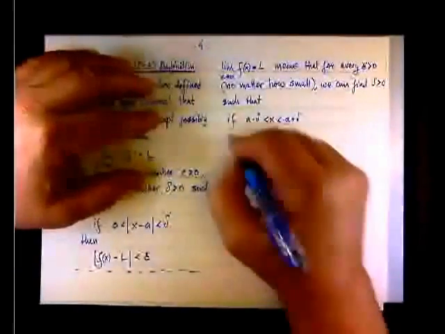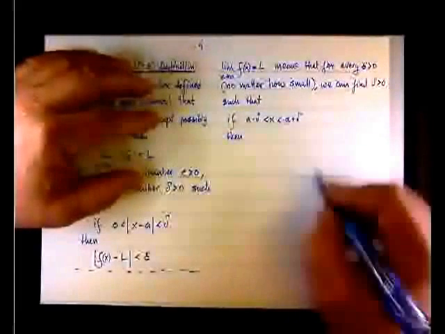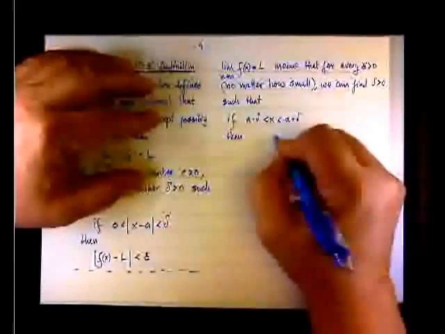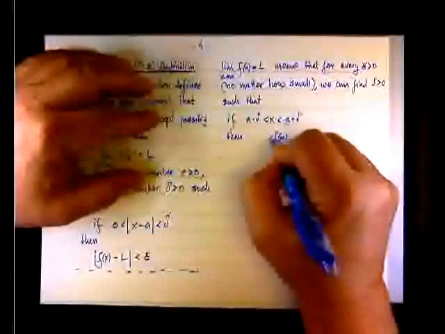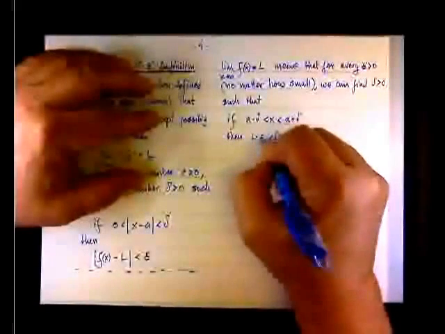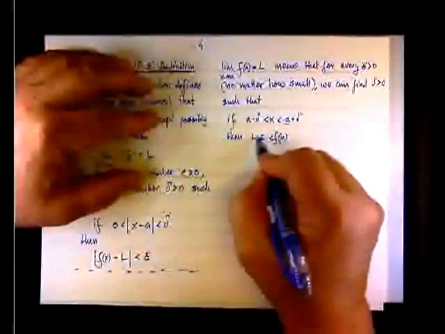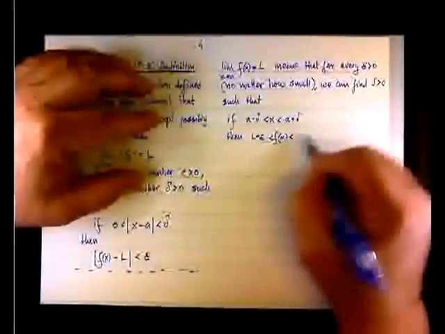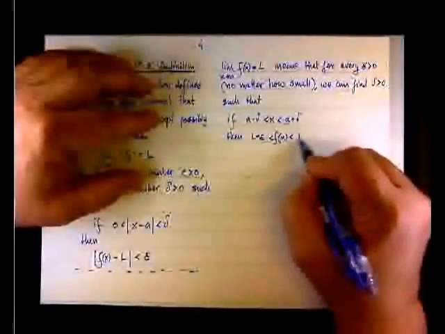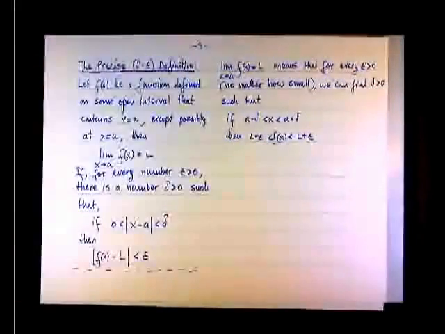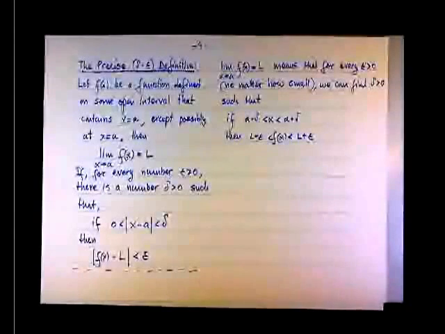So if this happens, then the output f of x will be greater than L minus epsilon, or 5 minus 0.1 in the example, and less than L plus epsilon, or 5 plus 0.1. Okay? So this is the interpretation.